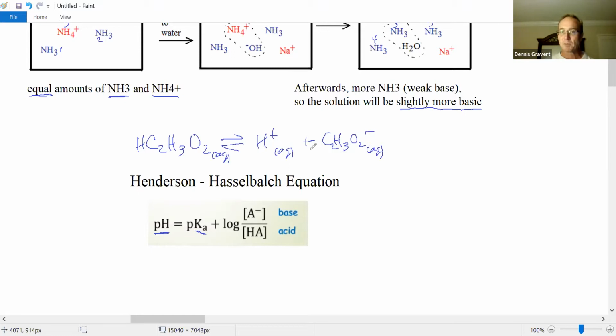Because it's an equilibrium reaction, we can write an equilibrium expression where we put products divided by reactants. Our products are the concentration of H plus times the concentration of acetate, all divided by the reactants, acetic acid.